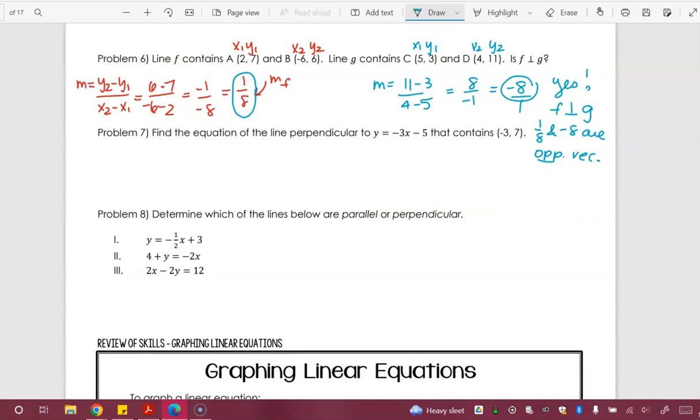And then problem 7, find the equation of the line perpendicular to this equation that contains this point. So again, we need our slope. And our slope's -3, but the slope of the equation that's perpendicular is going to be 1/3. Remember, you flip it and change the opposite sign. And then we're going to use this point, x1 and y1, and we're going to go right into point slope form.